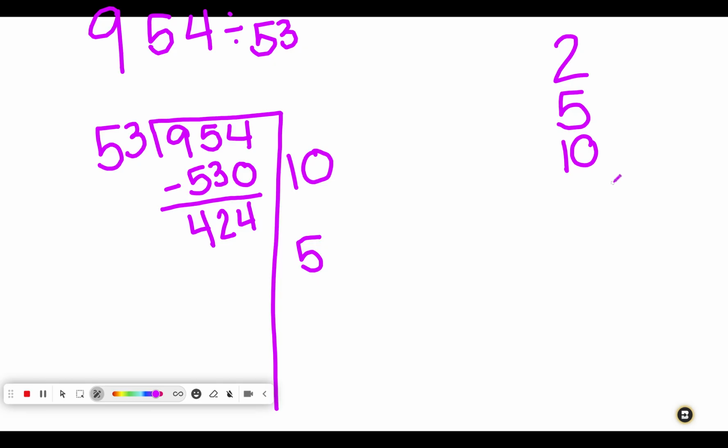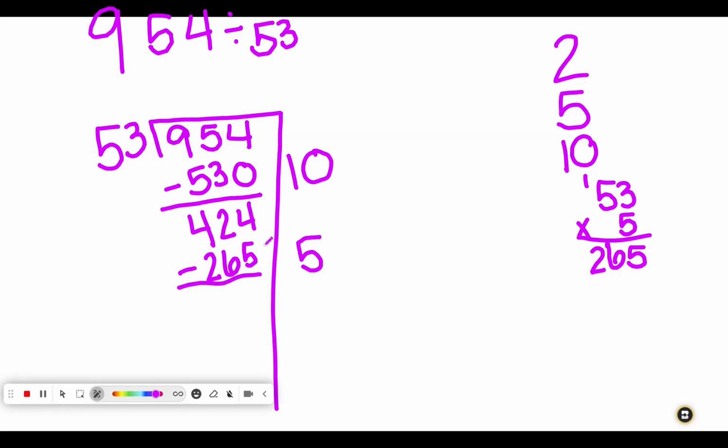Okay, let's see what we come up with. Well, over here, I probably just need to do some side math. 53 times 5. 5 times 3 is 15. 5, regroup my 1. 5 times 5 is 25 plus 1 is 26. So back over here, I'm going to subtract 265, and I can't take 5 away from 4.